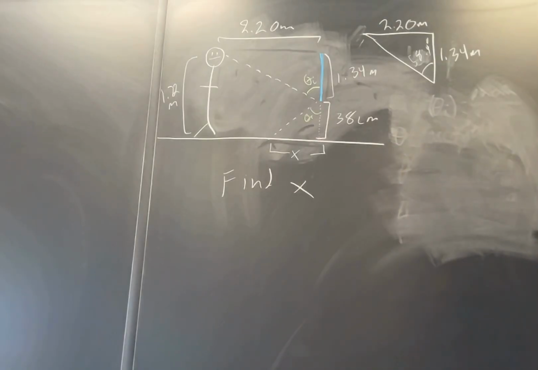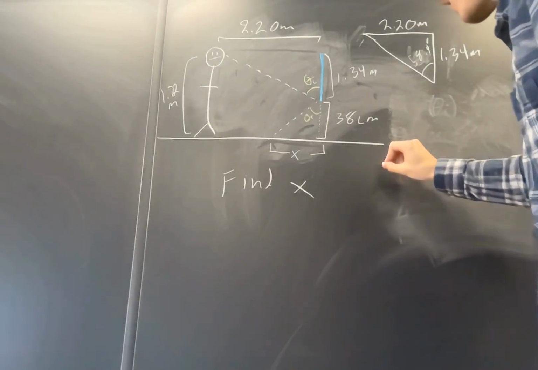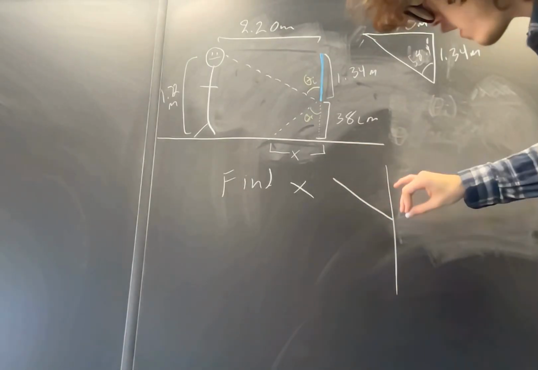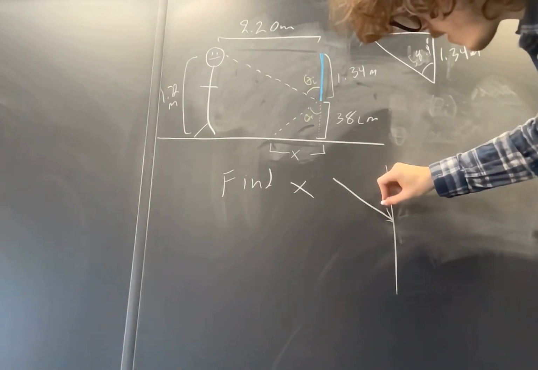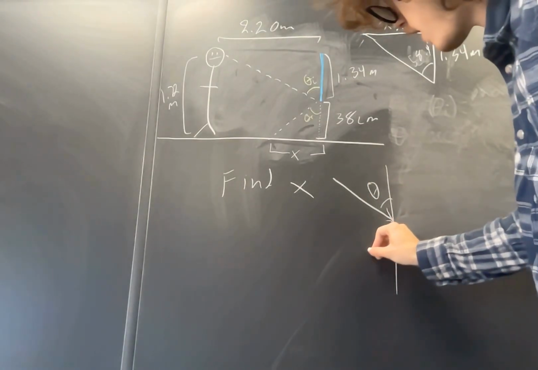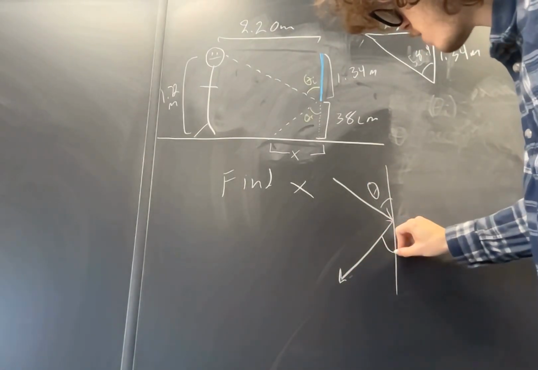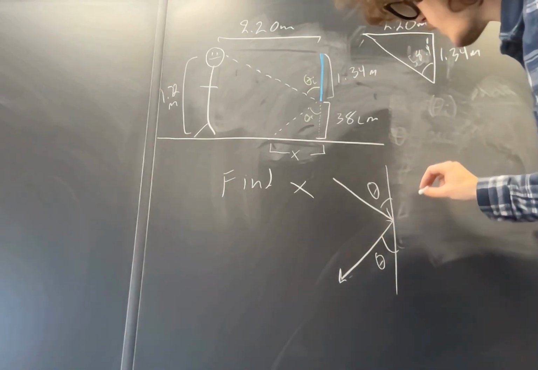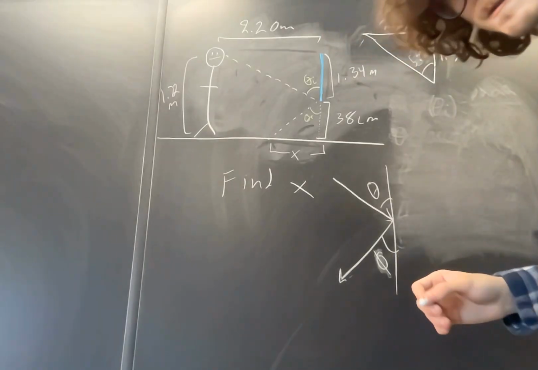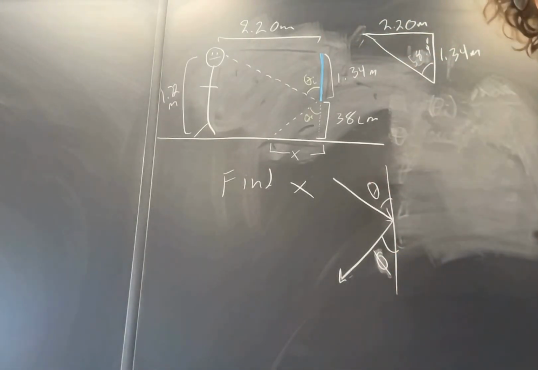If you remember the law of reflection, let's say you have a straight line here, and a light ray comes in at some angle theta. Well, the reflected angle is going to be equal in magnitude. Let's call this angle phi. So phi is just theta flipped across that line.